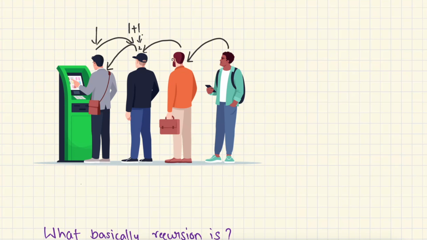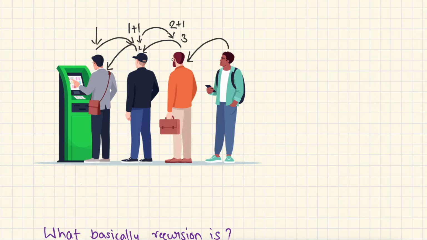So this person replies to the person behind that I am number 2. And that person got the response that if he is number 2, then I must be number 3.